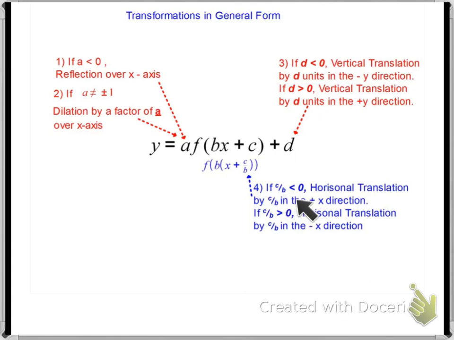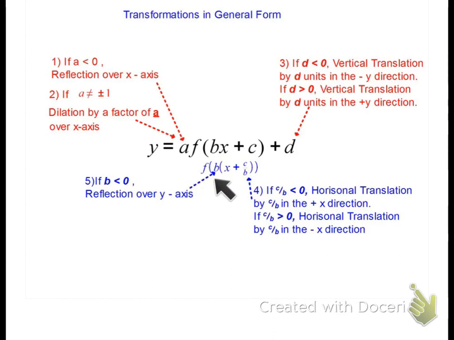So if that fraction is negative, then we translate by that amount, c on b units, in the positive x direction. Notice how it's opposite. But if that fraction is positive, then it's a translation in the opposite direction, in the negative x direction, by that many units. And that kind of opposite or reciprocal behavior is often found in the equations for the operations on the x pronumeral.